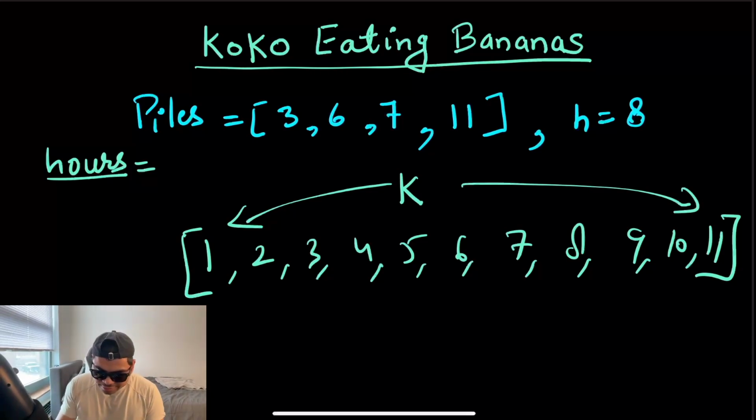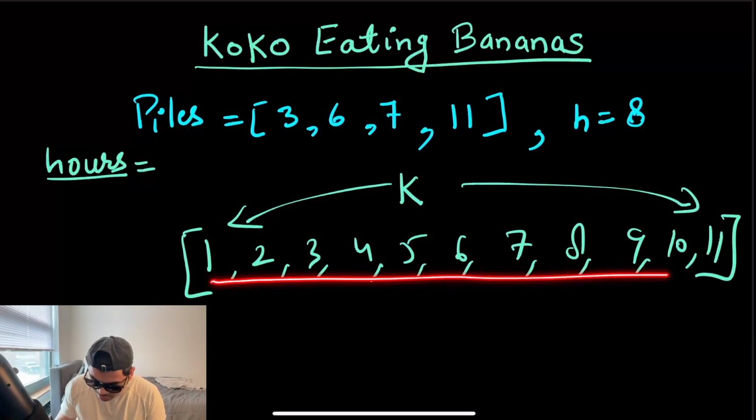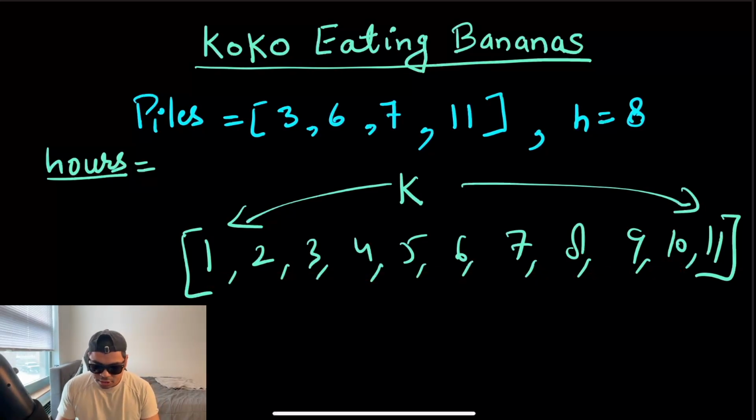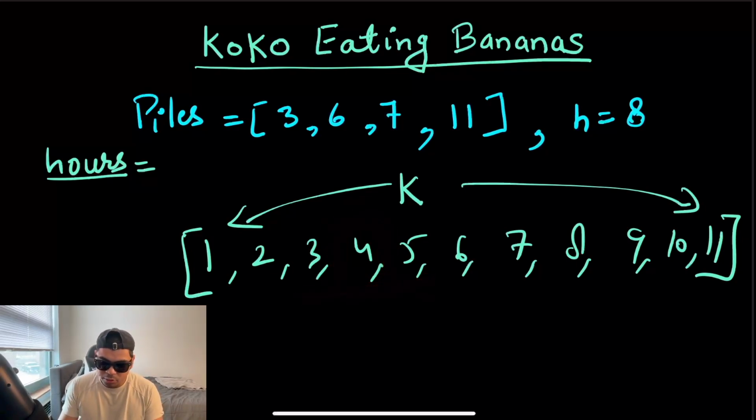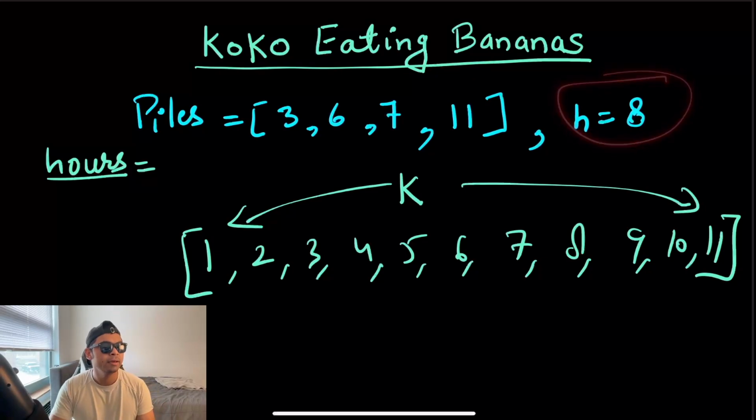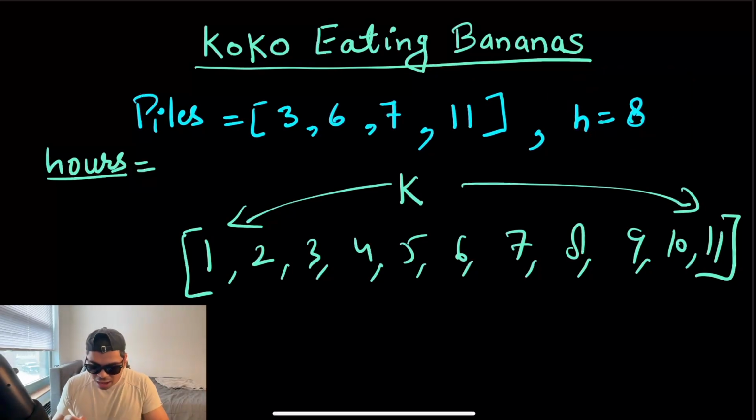What we were really doing right now is going from 1 to maximum k and stopping at 4, because that was the value where we were able to finish all the bananas within h hours. How about we try to find that k using binary search? So what do we do in binary search?